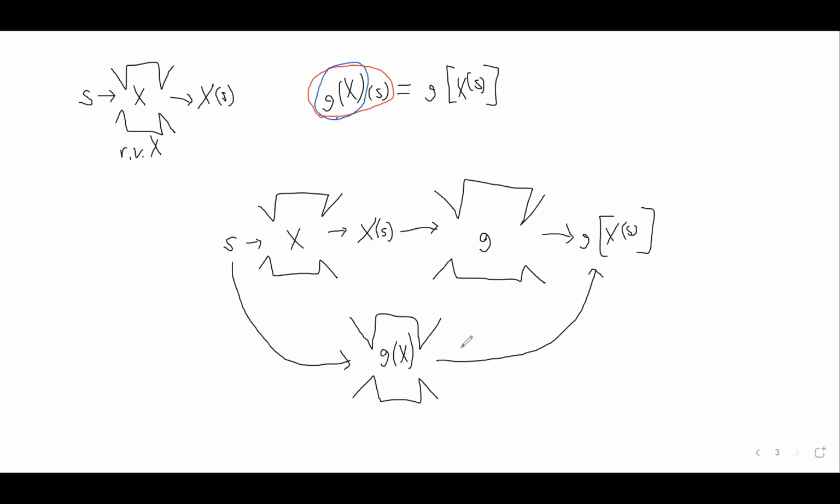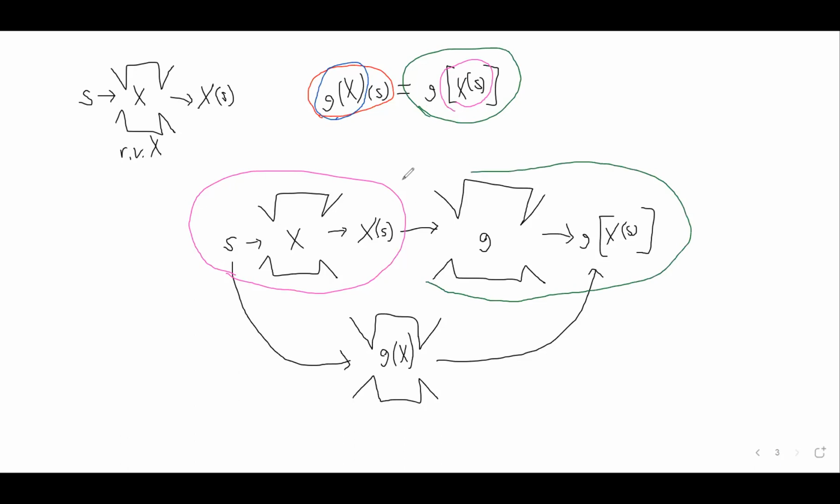So this is a machine diagram representation of the functions in this equation. This machine diagram is illustrating how we get the function g of x from the function x and the function g. You compose them. So this part here, this x of s, is illustrated by this. And then the g part, what comes afterwards, is illustrated by that.